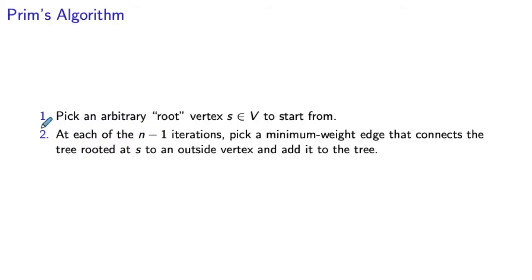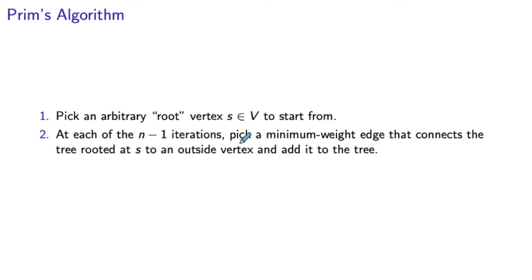But in the case of Prim's algorithm, we can describe it in more positive terms with more positive associations. So in this case, we are essentially growing a tree from scratch. So we start with an arbitrary root vertex S, let's say, and we build on by adding one edge at a time. At every iteration we just have a single tree, but that tree is getting bigger and bigger.